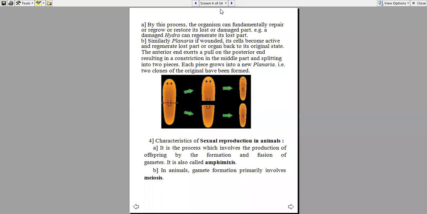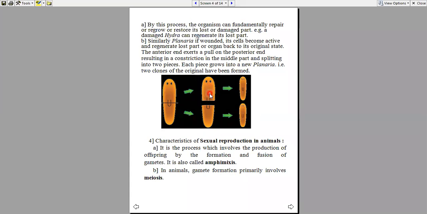See, this is anterior and this is the posterior part of hydra. Here in this diagram, you can see that this anterior part exerts a pull on posterior and posterior exerts a pull on anterior. These terms are very important here.